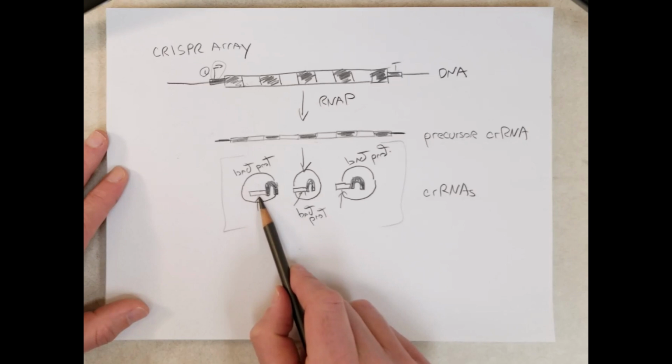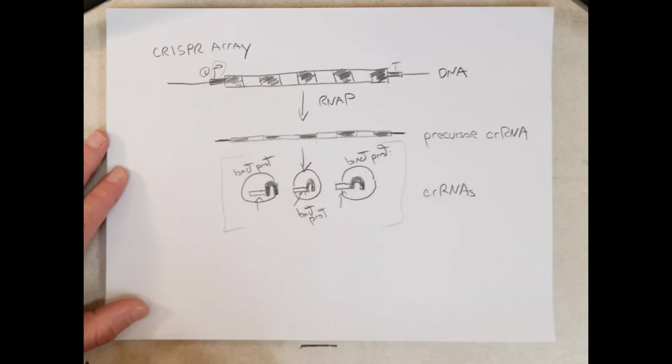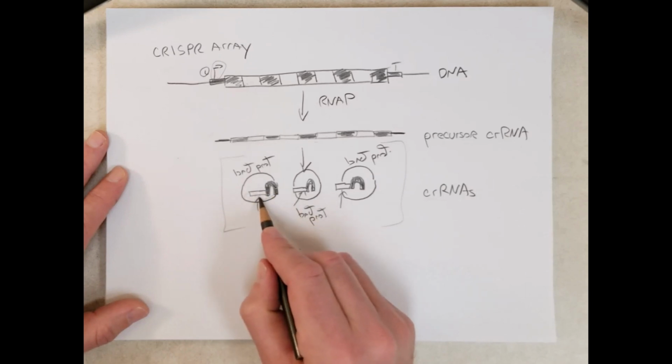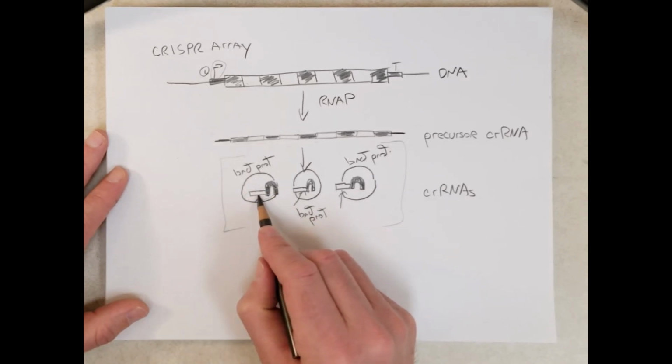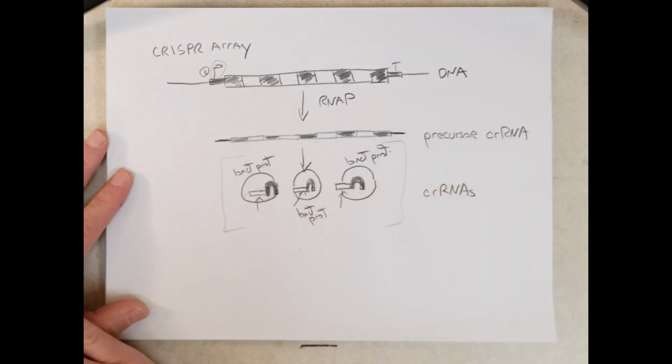And if it should find a viral DNA sequence, the nuclease will chop that virus right where the CRISPR RNA is complementary to at least one of the strands of the viral DNA. It'll cleave the viral DNA, and theoretically the viral DNA will not be able to make viral RNA. Viral RNA will not be able to make proteins, and the virus will not be able to infect that bacterium.